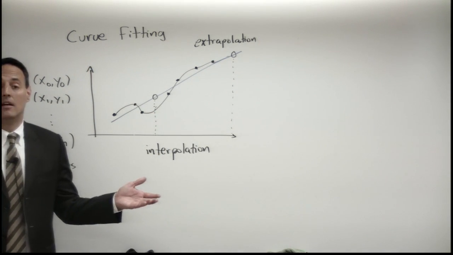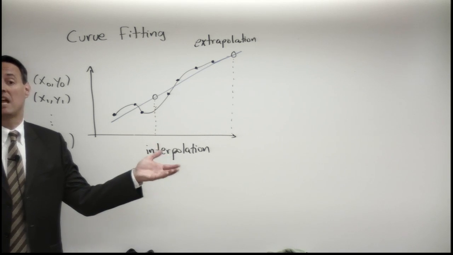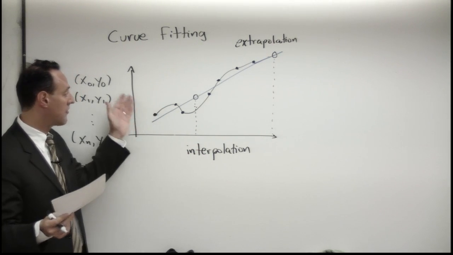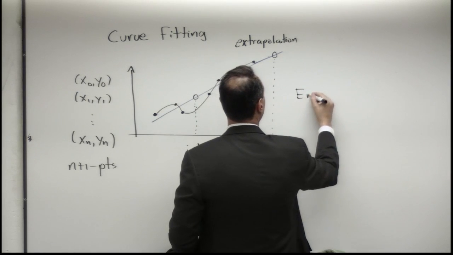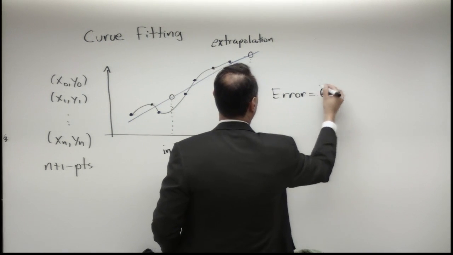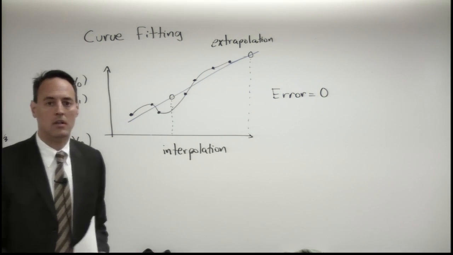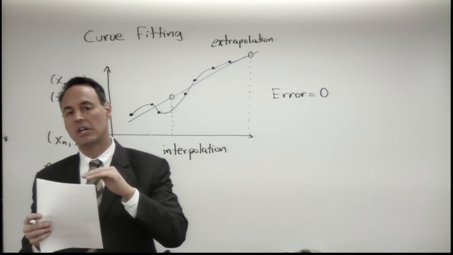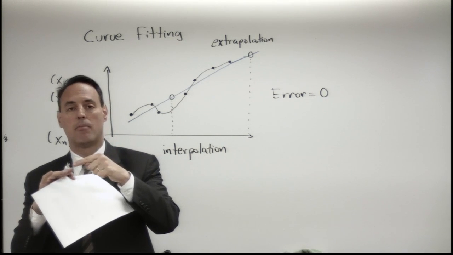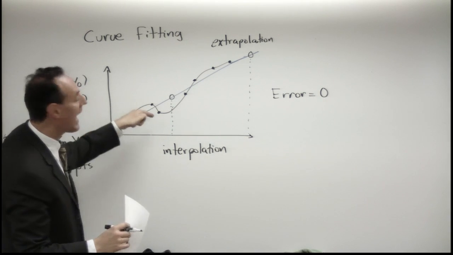By the way, what is the error in this case? If this curve goes through all the data, my error is exactly 0. Because normally the way you do the error is you take your prediction versus the actual data point. Well, your prediction is going exactly through the data points.